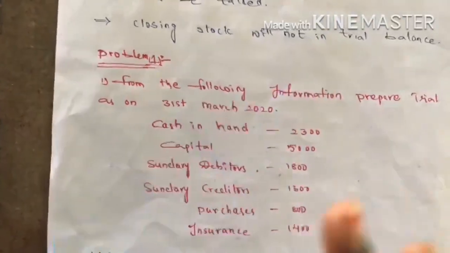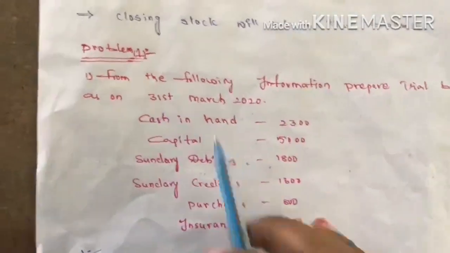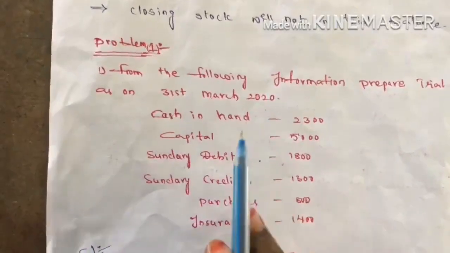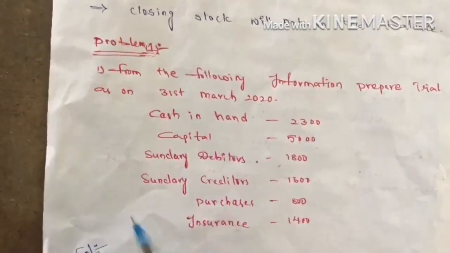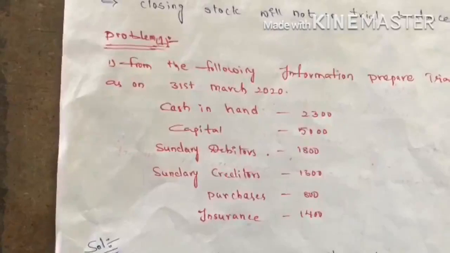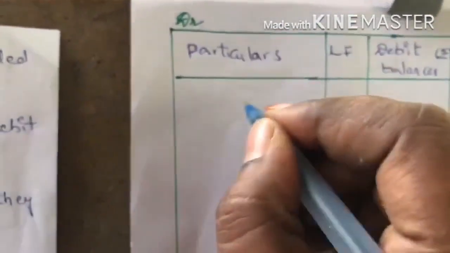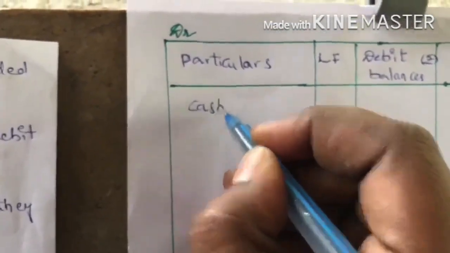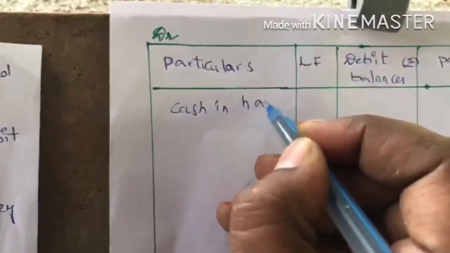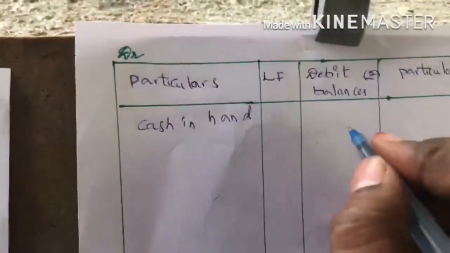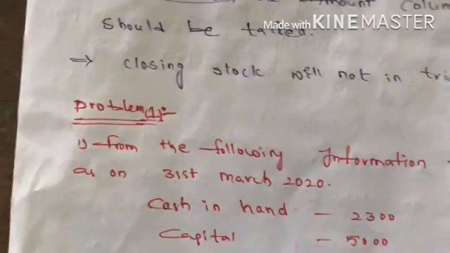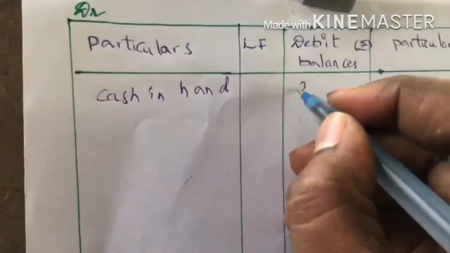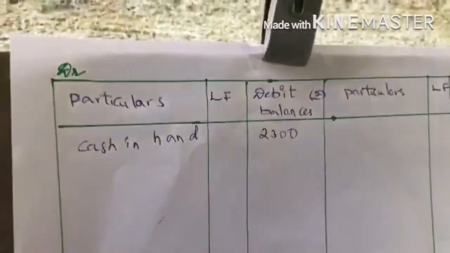The cash in our hand is one of the assets, and all assets are written on the debit side. So see here, particulars and debit side. Cash in hand, debit side. How much is the amount? 2300. So we can write here 2300.